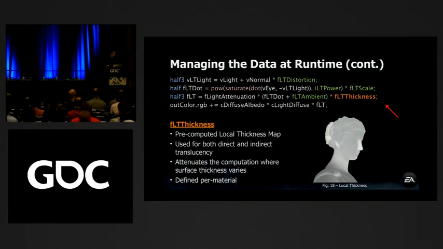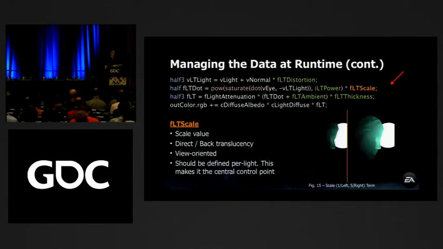Also, our light transport is modulated by the local thickness texture, which I previously mentioned, both for the front and the ambient translucency. So again, this texture attenuates the results where the object is generally thicker. And finally, we have a scale value for direct translucency. This defines how much a light will generate translucency when it is behind an object.